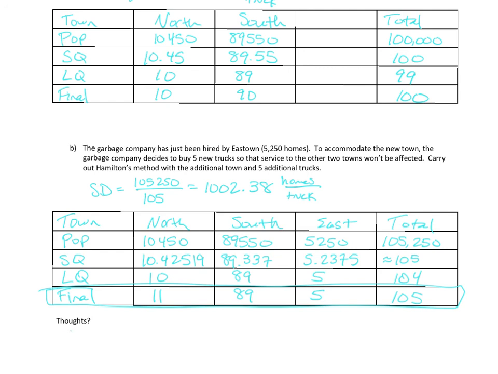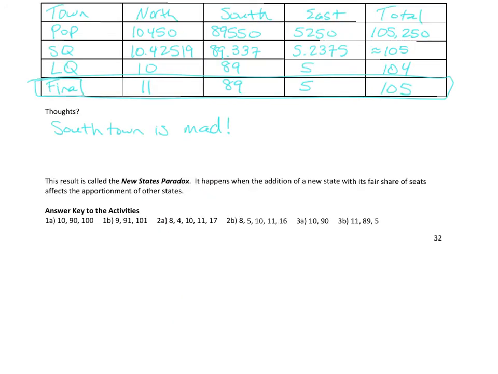Okay, so Southtown is mad. So this result is called the new states paradox. It happens when the addition of a new state, or town in this example, with its fair share of seats affects the apportionment of other states.